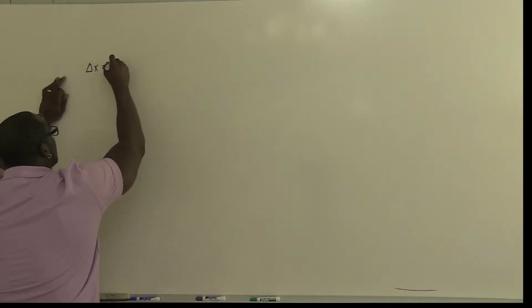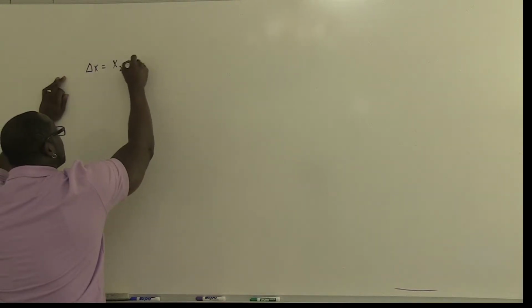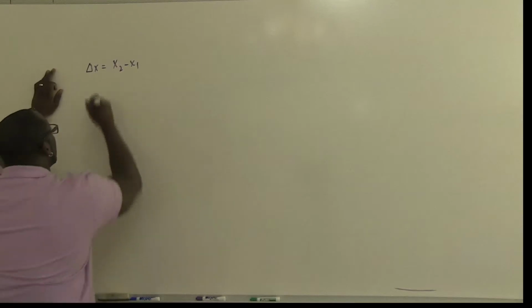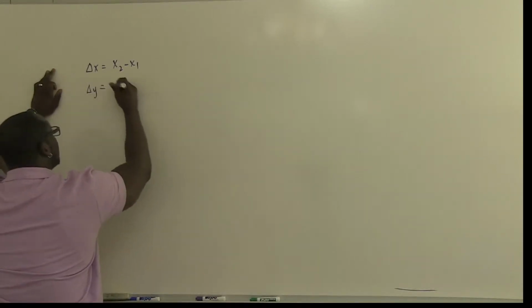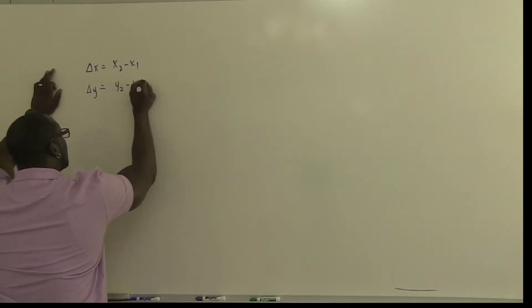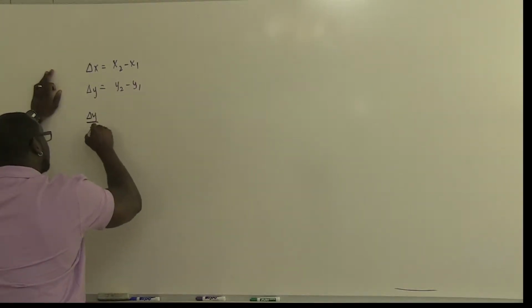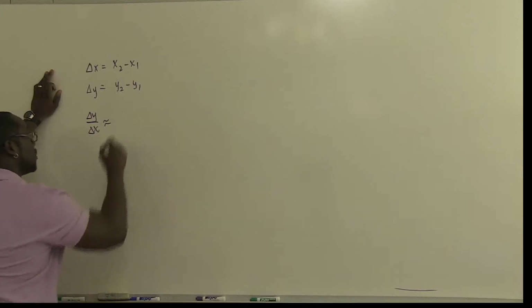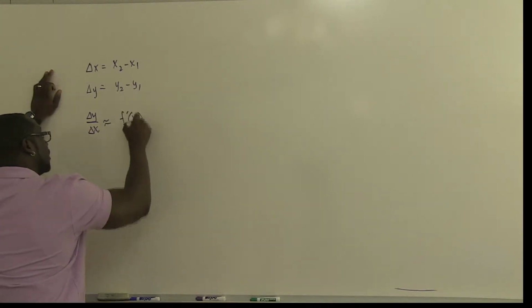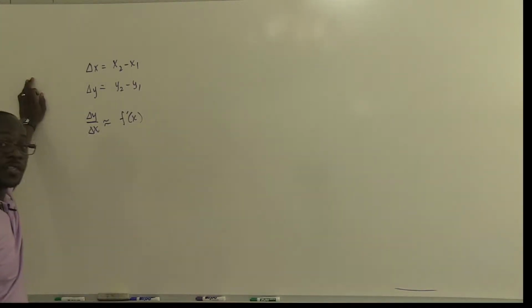So first thing, we know that our delta X is going to be the difference between X2 and X1. We know that our delta Y is going to be the difference between Y2 and Y1. We know that delta Y divided by delta X is a good approximation for the derivative.